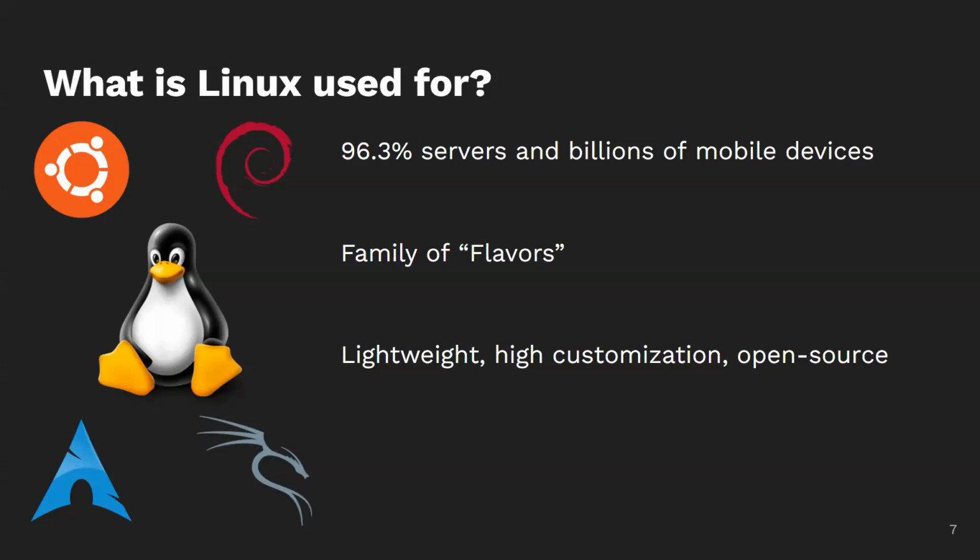The benefit of being lightweight is pretty intuitive. It has less stuff on the hardware, and that just means that you're not being bloated by as much other stuff. High customization is very, very good for servers, because if you want something to be done a certain way, you can do it. If you want something to act a certain way simply because you like it, Linux is perfect for you.